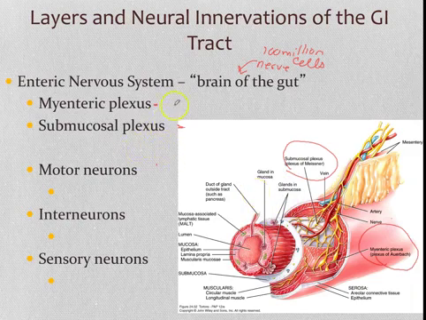The myenteric plexus is in the muscle layer, so it's mostly controlling GI tract motility, or movement of the GI tract.